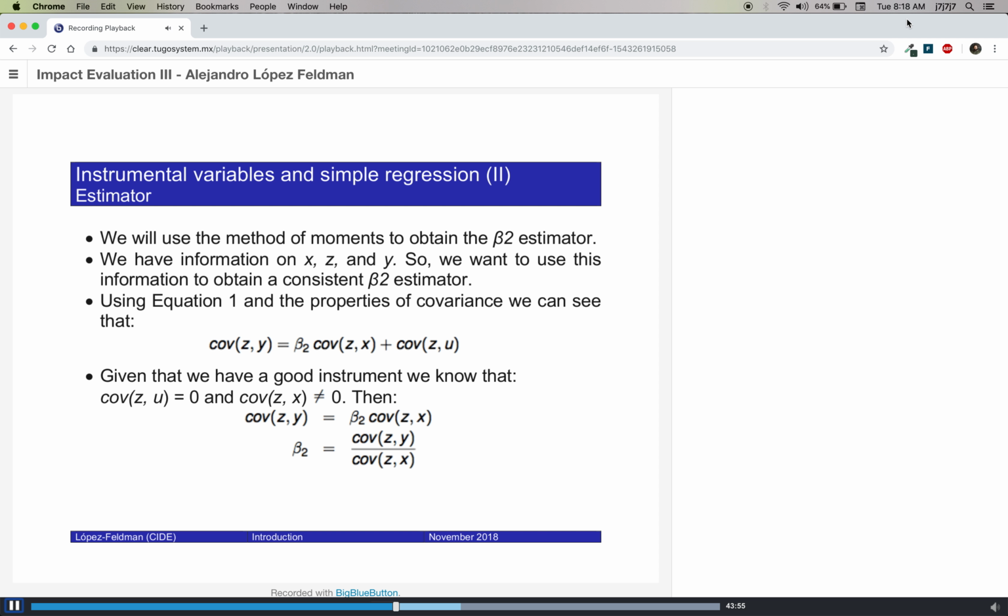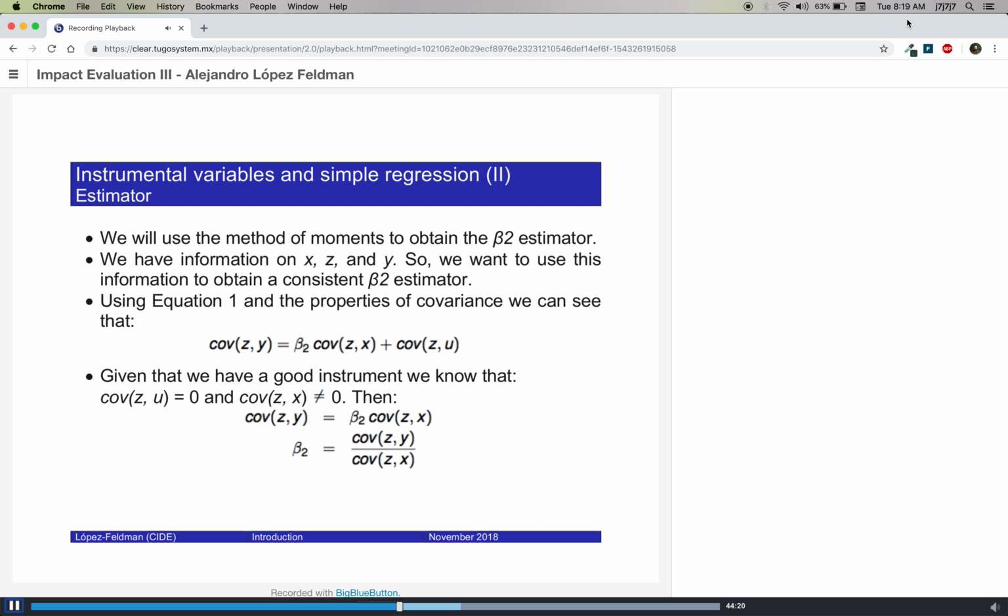I want to use this information to have a consistent estimator, a beta 2 estimator. So I want to have an estimator that can measure the causal effect. So I need to interpret this beta 2 in causal terms, and analyze the causal effect, for instance, on Y.